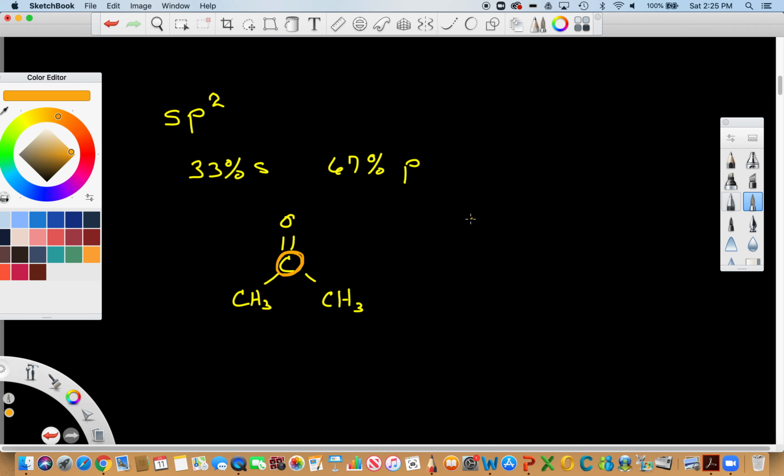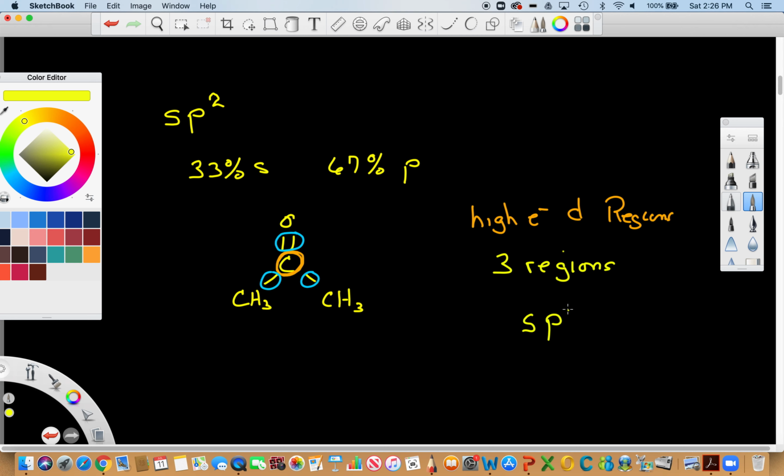I'm looking at how many high electron density regions are around it. That carbon there has 1, 2, 3 regions. Those 3 regions, the bonds coming off of that carbon, are considered hybridized as sp2. It is known as trigonal planar, and its bond angles are roughly 120 degrees.